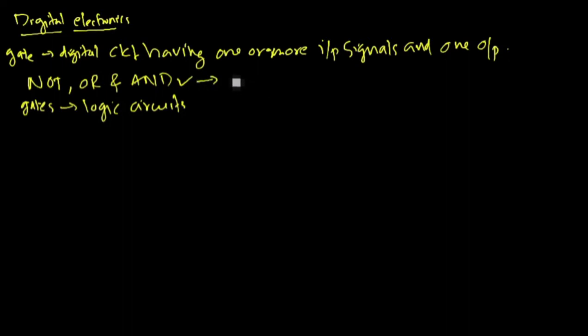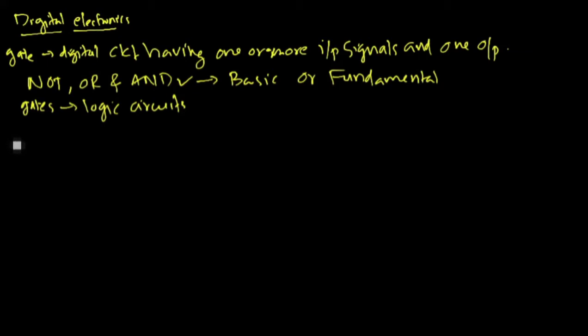They are called basic logic gates or fundamental gates because using these gates we can produce all other gates or all other circuits that perform different arithmetic and logical operations. So now let's discuss the different basic gates separately. First of all, we will discuss the NOT gate.